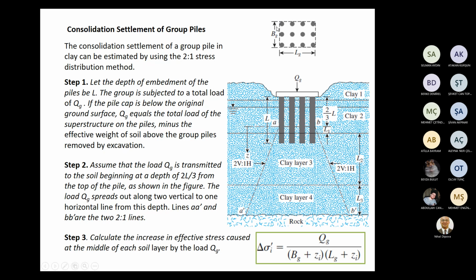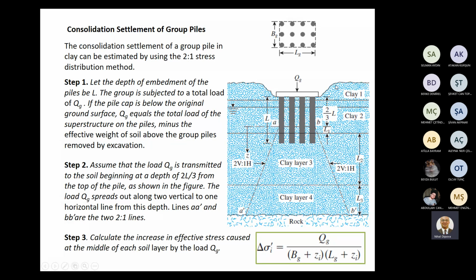This Q sub G equals the total load of the superstructure on the piles minus the effective weight of soil above the group piles removed by excavation. For example, this height will be considered and effective weights will be subtracted.